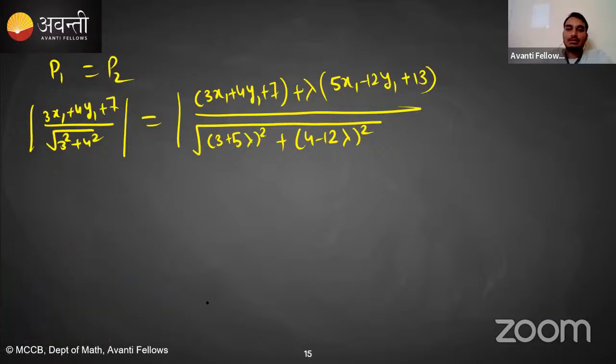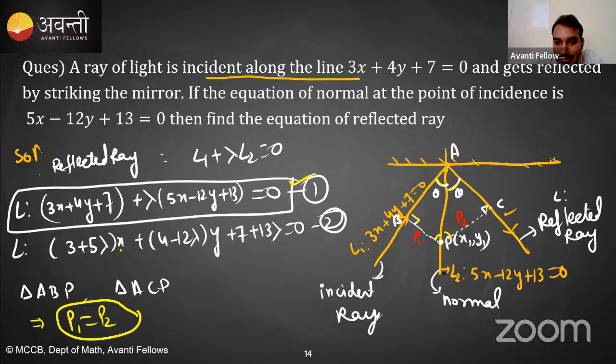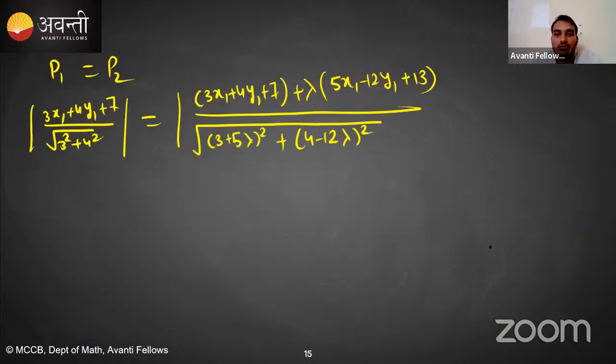Any doubt so far? देखो. Now the most interesting thing is that x1 comma y1 is lying on the line L2. So it means if I put my x1 comma y1 on line L2, I will get 0. So 5x1 minus 12y1 plus 13 will be 0. So 5x1 minus 12y1 plus 13 is equal to 0. Why? Because point P is lying on the normal.